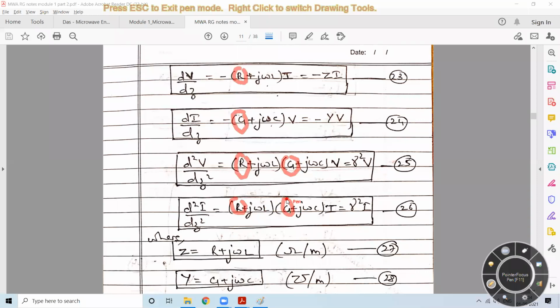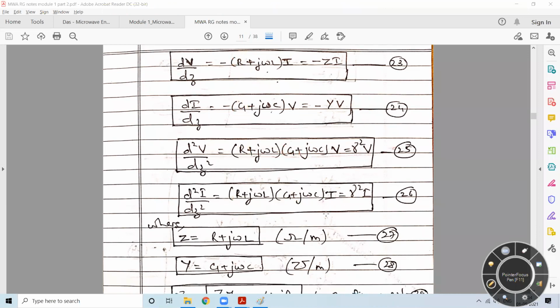If I consider the line to be lossless, the resistance and the conductance will be 0, and we end up with dV/dz is equal to minus jωL into I, and dI/dz is equal to minus jωC into V. When we simplify, jωL into jωC will be minus ω²LC into V. Similarly, here also it will be minus ω²LC into I. So these are the parameters we obtain when we consider the line to be lossless.